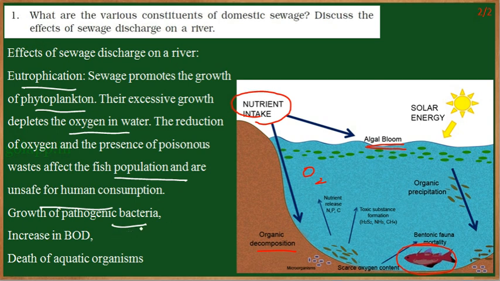All these increase the biological oxygen demand, reducing the dissolved oxygen concentration and increasing the death of aquatic organisms. These are the effects of domestic sewage when it is introduced into the water body. First it leads to eutrophication, then the final impact would be the death of aquatic organisms and the spread of more disease.